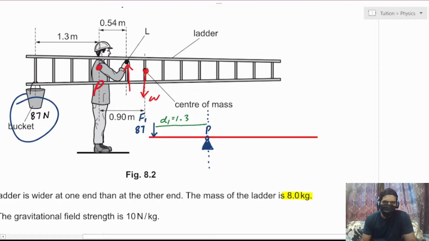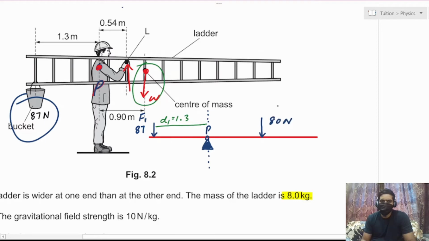All right, what's the other force? The weight of the ladder, and it's on the right side of the pivot. So here's the weight of the ladder, and from the right side it also acts downward, and the weight of the ladder we calculated was 80 Newton.